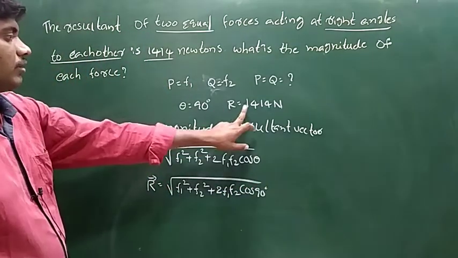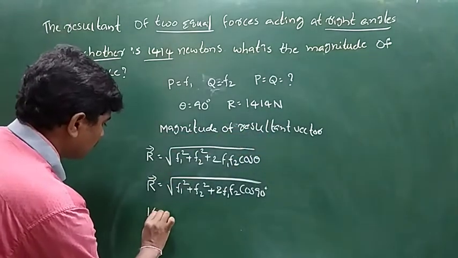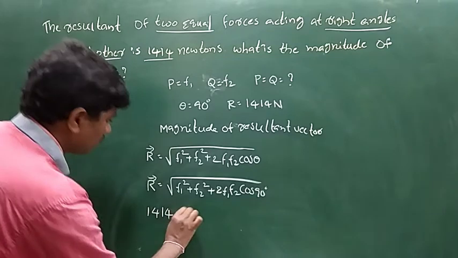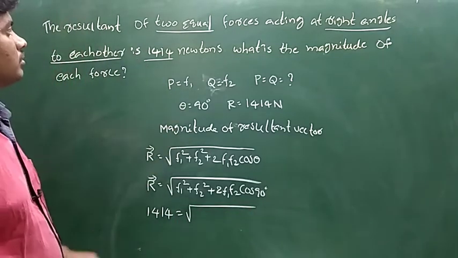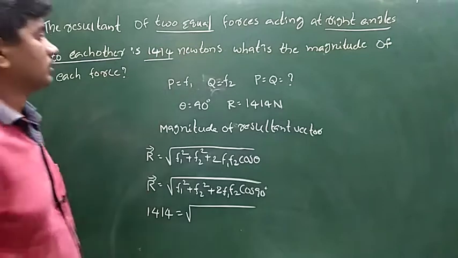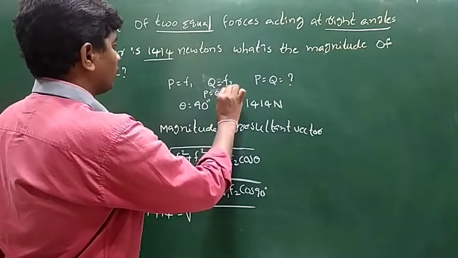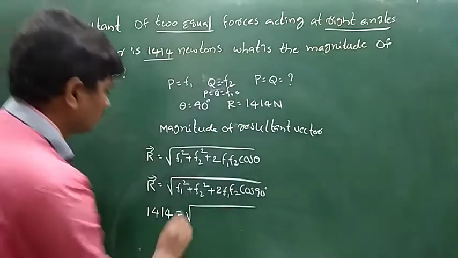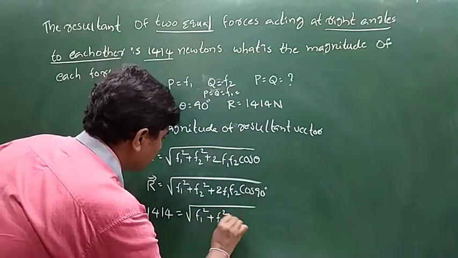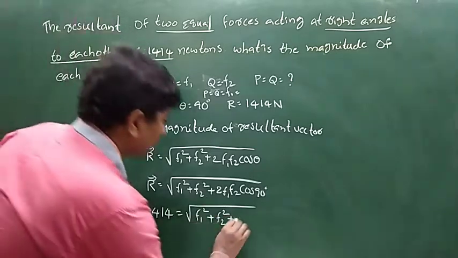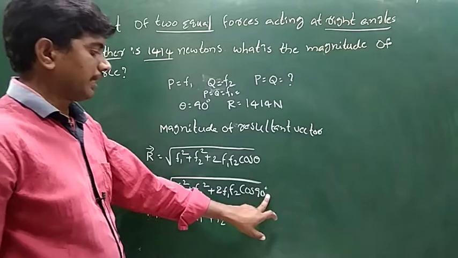But R is equal to 1414 newtons. Under the root, for two equal forces F1 equals F2, so P equals Q equals F1. F1 squared plus F2 squared gives F1 into F1, which is 2 F1 squared. Cos 90 degrees is equal to 0.